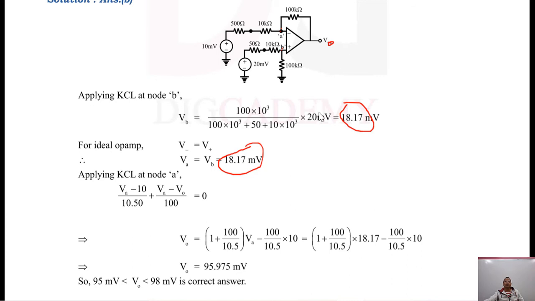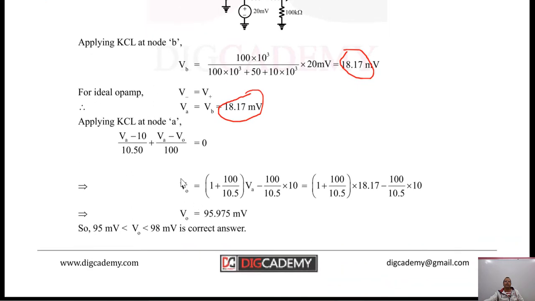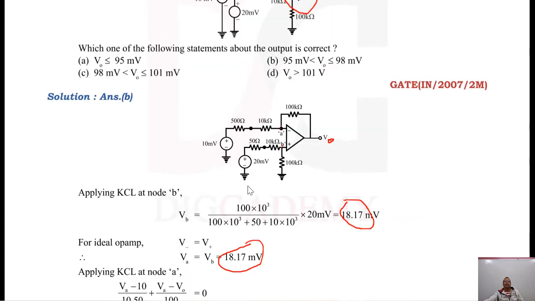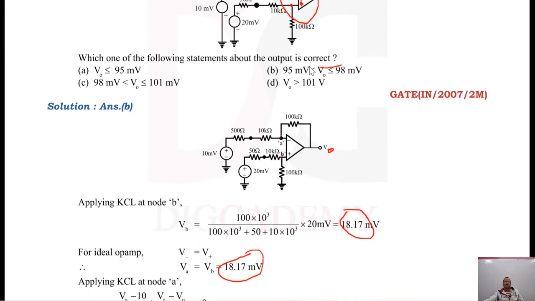So that will be giving me the output voltage. You can simplify this expression by replacing VA by this 18.17. So you get the output voltage to be 95.975, and you can see the options. So that is this one, which is giving me the correct answer.